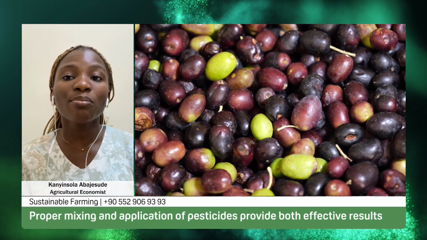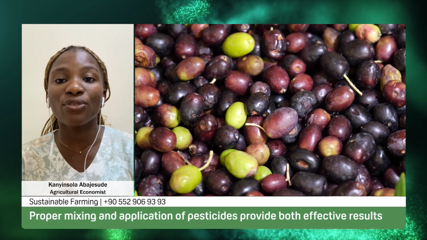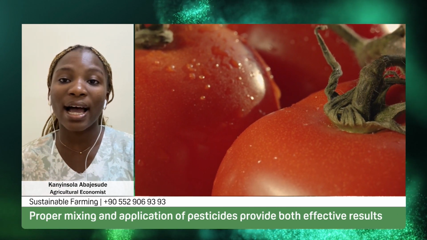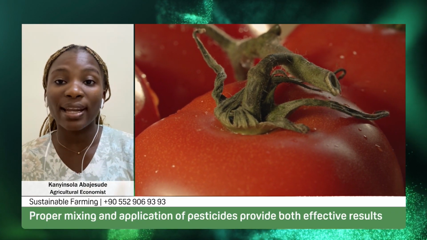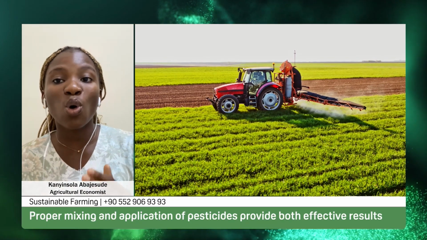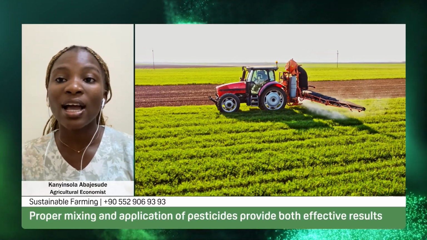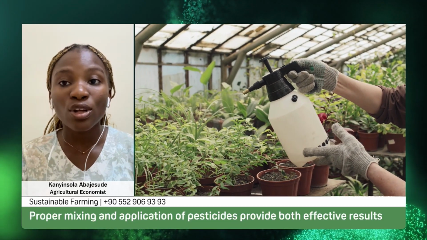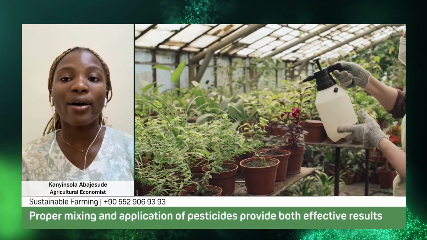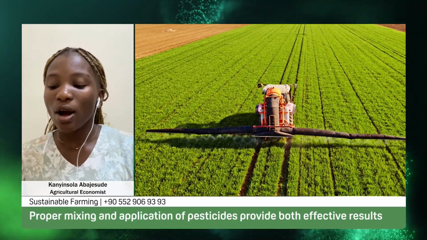So you have to mix in a properly ventilated area, away from children and animals, and also away from plants that the pesticide is not meant for, because it is going to cause harm to those plants.